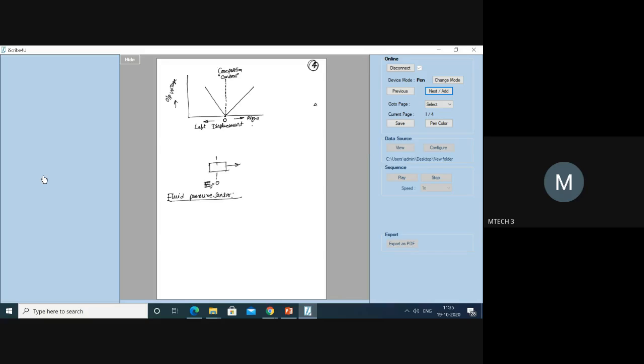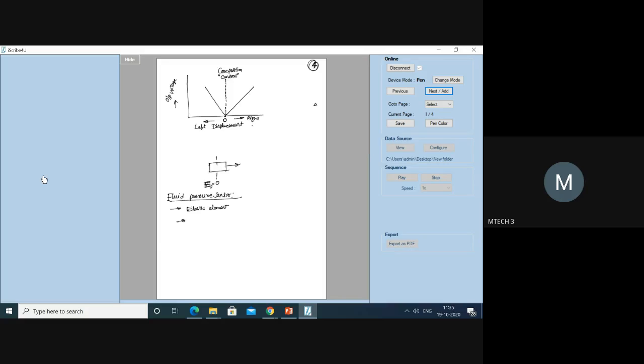Can you name the different pressure sensors? They are based on the elastic element. Based on the elastic element, the pressure sensors are going to be present.